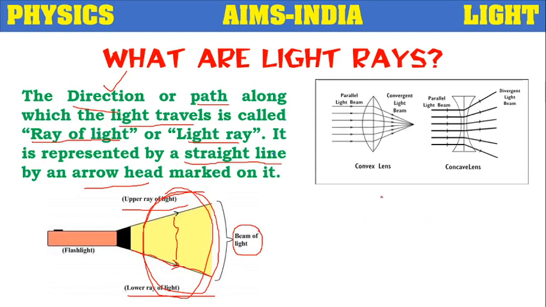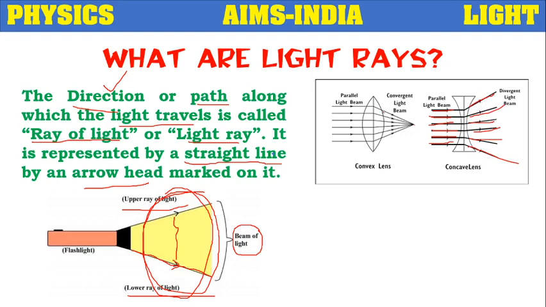If you observe this picture, all the parallel light rays are coming and touching the convex lens. After this, they change their path and come towards one point. Here, parallel rays are going towards a concave lens. After touching the concave lens, they change direction and go away from one another.